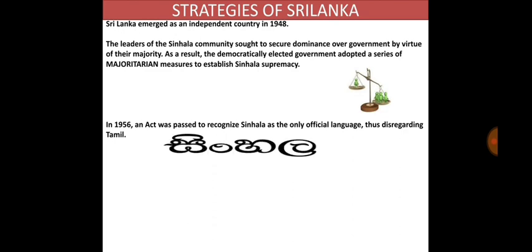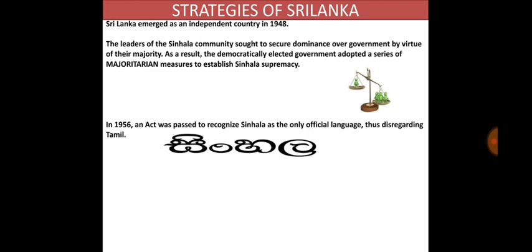In 1956, they passed an act recognizing Sinhala as the national language or official language. And if a country recognizes any language as the national language or official language, and only one language is considered official, it hurts the sentiment of other communities. And that happened with the Tamil people also.